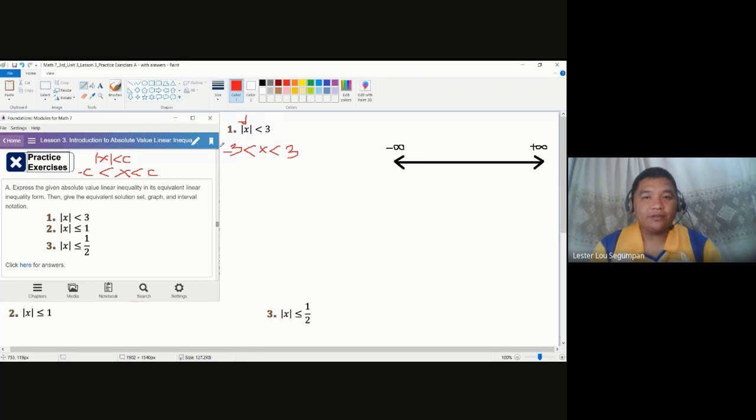If we also try negative 4, the absolute value of negative 4 is positive 4, which is still not less than 3. Even the negative 3 and 3 themselves cannot be substituted here because we don't have the equality symbol. That would mean this is the correct linear inequality form, copying the general form for number 1.